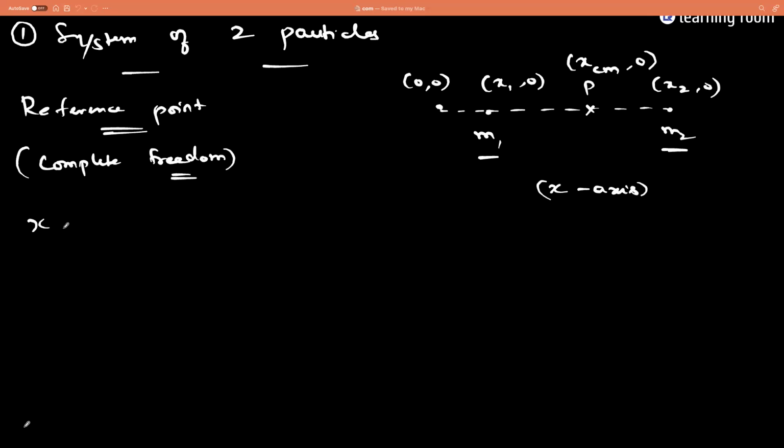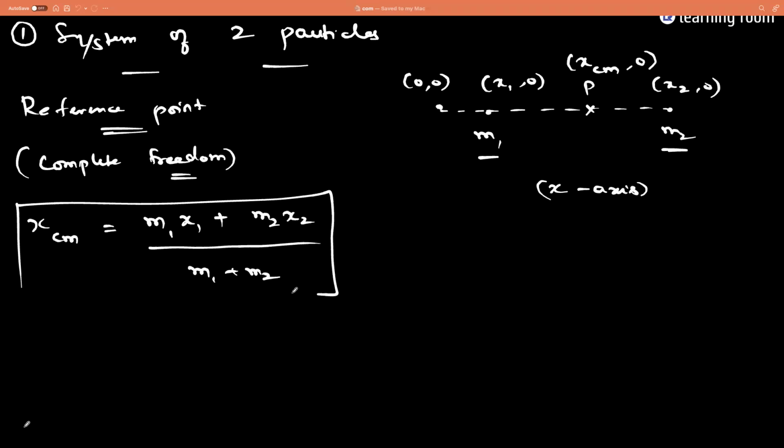Then the x coordinate of the center of mass is given as, listen to this carefully, mass of the particle times its corresponding x coordinate plus mass of the second particle times its corresponding x coordinate, divided by m1 plus m2. And this is going to be the x coordinate of the center of mass.